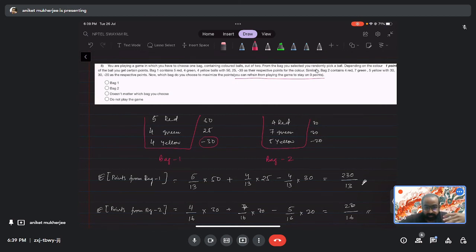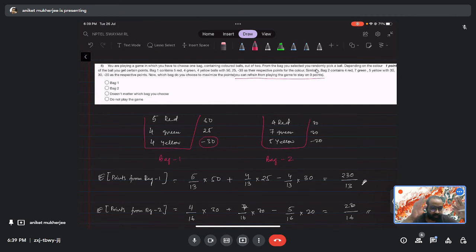You can change the game such that the expected points from bag 1 could be negative, and the expected points from bag 2 could be negative. So in that case, why would you try to pick a bag and go to negative points when you're better off staying at 0 points? So that is the case when you choose the option to not play the game.